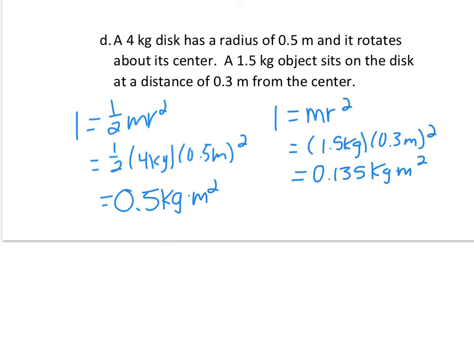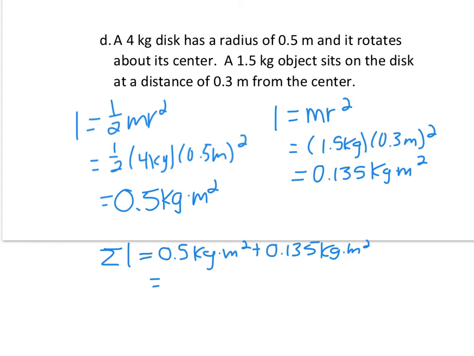So the total moment of inertia, you're going to add all of the moments, just like you would add, let's say you're looking at a meter stick and you have 2 masses on the meter stick. If you want the total mass, you would add up all of the masses. So for here, we're going to add up the moments of inertia. So your total moment of inertia equals the sum of the moments of inertia, 0.5 kilogram meters squared plus 0.135 kilogram meters squared.